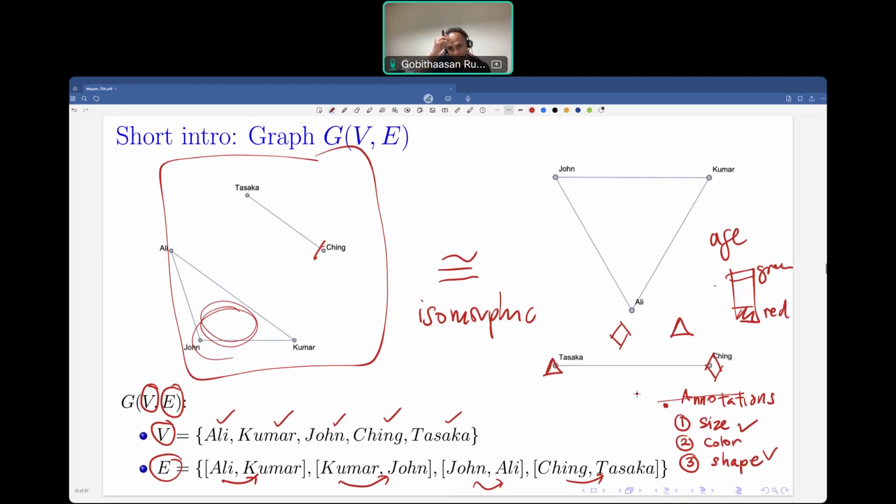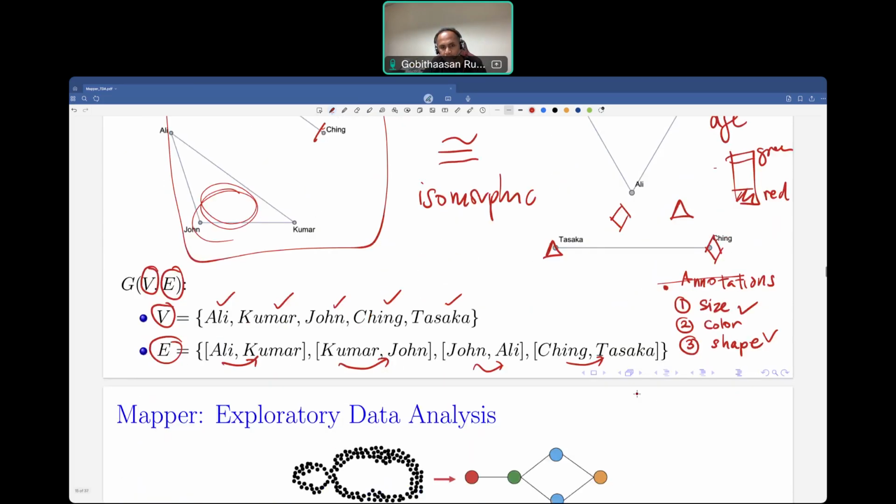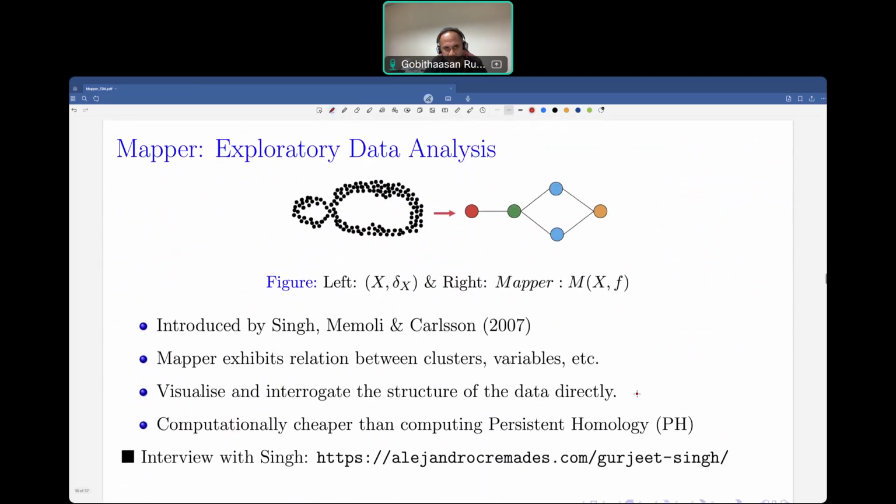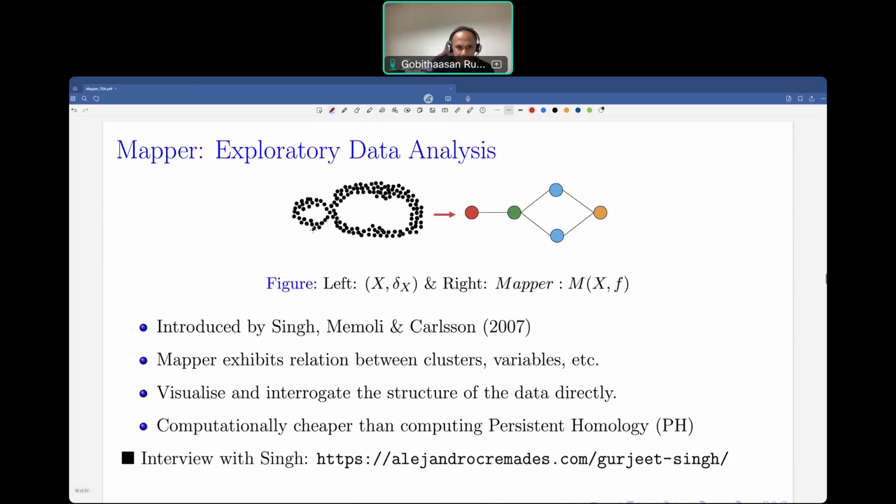Because at the end of the day, when we input our data set into the mapper machinery, we are going to get a graph or a network. So input is a point cloud, output is a network or a graph. We call it a mapper. A mapper basically maps from a point cloud to a graph.